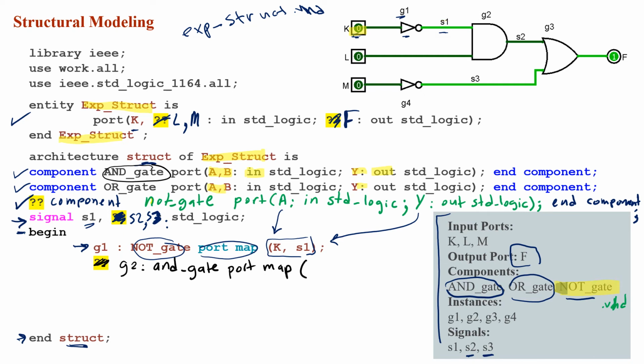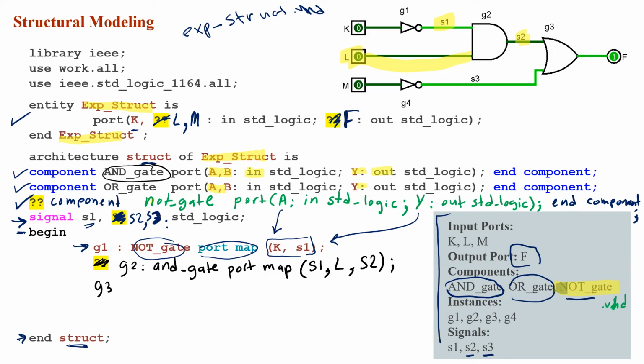Now gate 2 takes S1 and L, and it gives me S2. So I have to list the inputs first, S1, comma, L. The output is S2. Close the bracket, semicolon. We're done with gate 2.